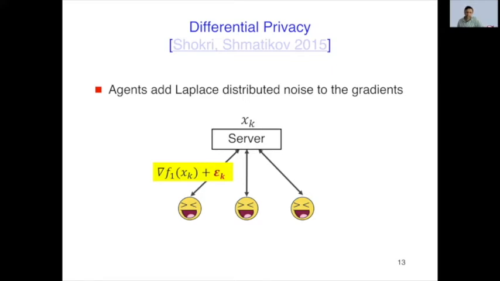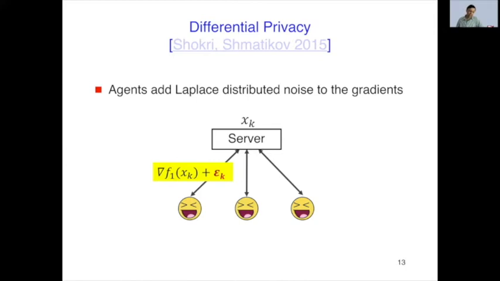And so this particular method was introduced by Shokri and Shmatikov in 2015 for the server-based distributed deep learning algorithms. This is not their entire scheme. They have a few other details to their scheme, but as far as the privacy aspect goes, this is one of the key elements of their algorithm.